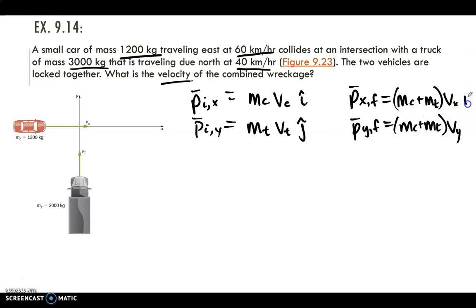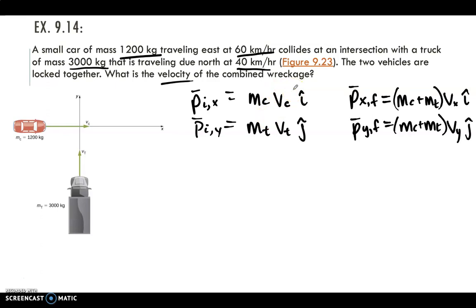So this should be like i hat and j hat. You don't necessarily need to have the bars or the directions up here, as long as you keep track of the x and the y. You just have to be very careful with that.